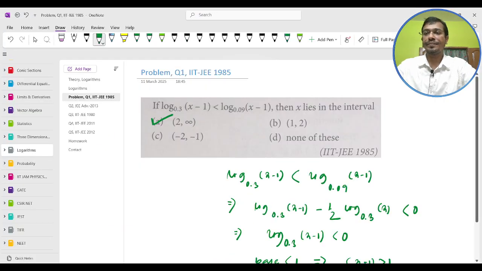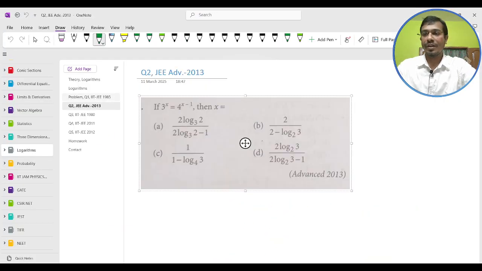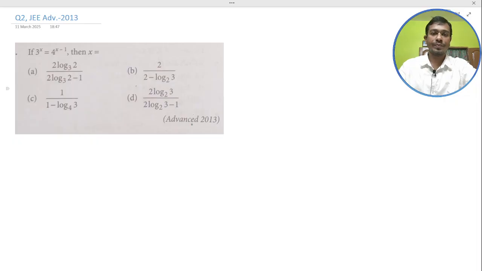Next problem. Question number 2, JEE Advanced 2013. If 3 to the power x is equal to 4 to the power x minus 1, then x equals what? Simple.